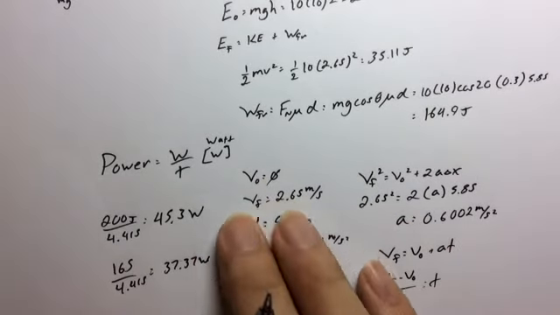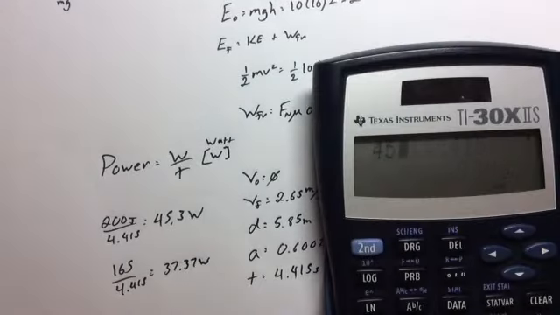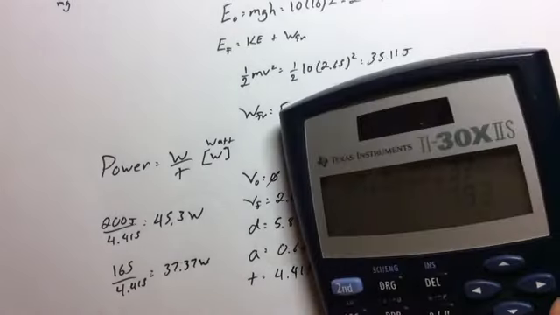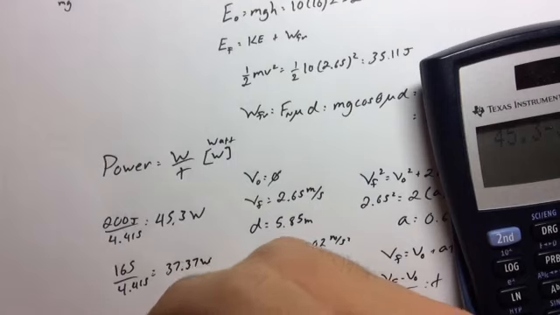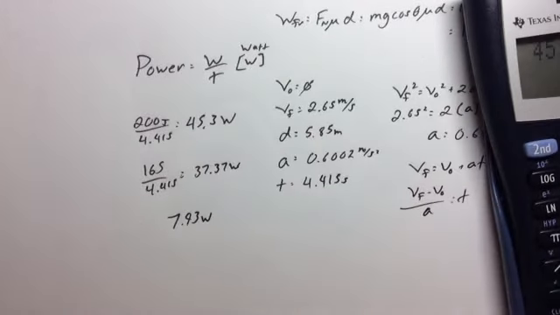And then we also have this leftover. So gravity was doing 45.3 watts. Friction was doing 37.37 watts and taking energy away. So 45.3 minus 37.37 gives me a value of 7.93 watts. So 7.93 watts is how many joules per second this thing was actually getting.